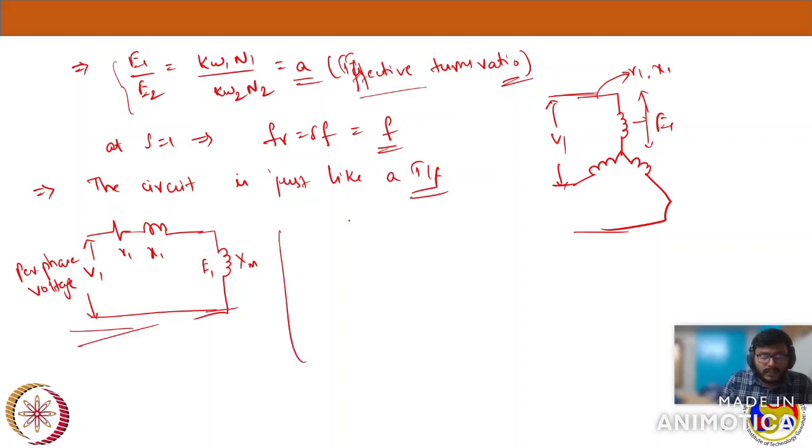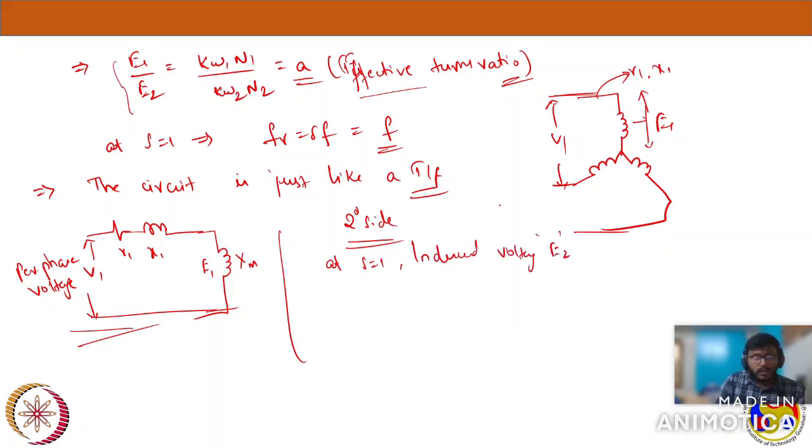Now if we see the secondary side equivalent circuit of a transformer at S equals 1, the induced voltage will be E2. Just now we saw that this E2 is the induced voltage at the standstill condition. Only then will the slip not come in.